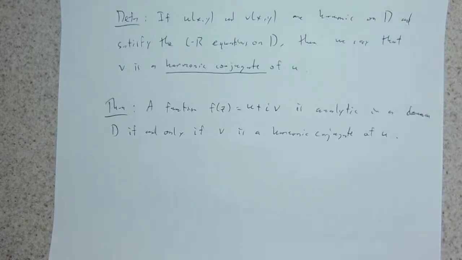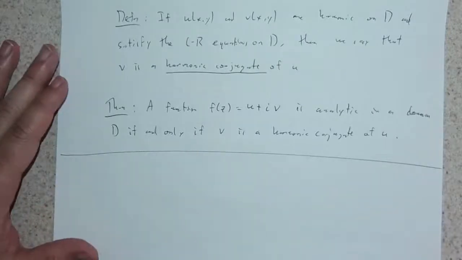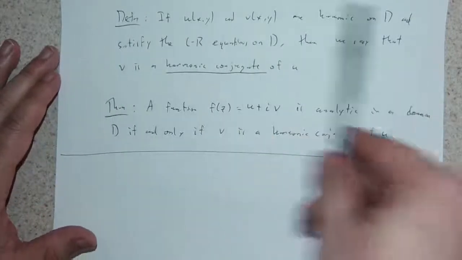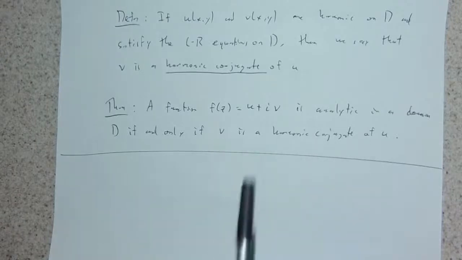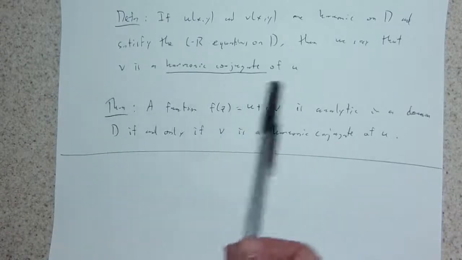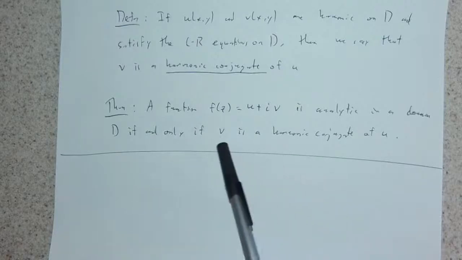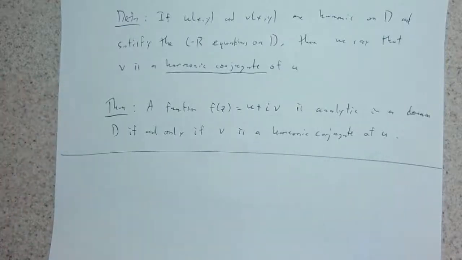This notion can be a little tricky, because notice the careful phrasing here in the sense that v is a harmonic conjugate of u, and I will warn you against trying to swap the order here.